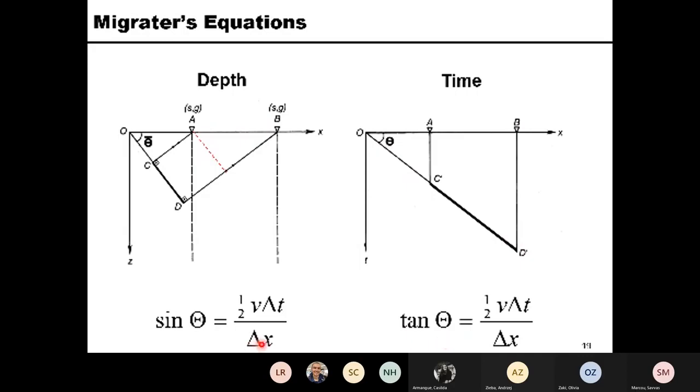Right now, you can see the right-hand side is the same. The ratio of this distance over this, the fractions on the right-hand side are the same. But the left-hand side, in the model space, this fraction is sine theta bar. But in your data space, in your seismic profile, this ratio defines a tangent theta, right?